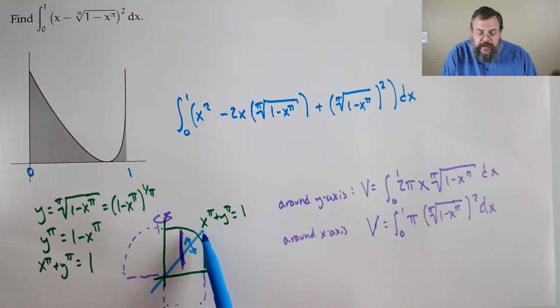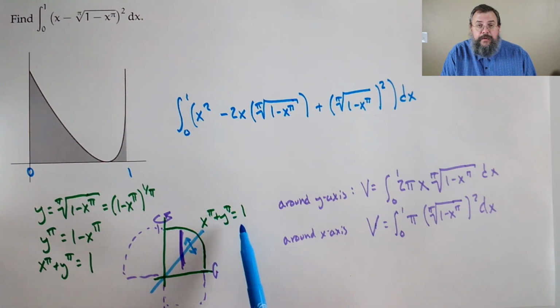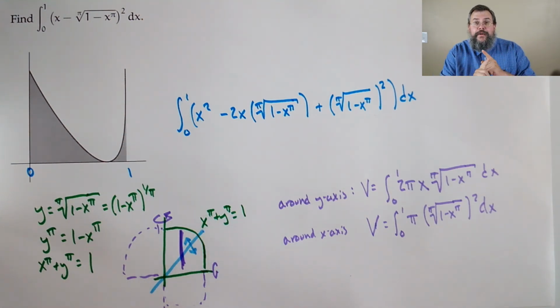Why is that true? Look at the formula. x to the pi plus y to the pi equals 1. Swap y and x. What do you have? y to the pi plus x to the pi equals 1. The same formula. Since the swapping doesn't change anything, the symmetry holds.